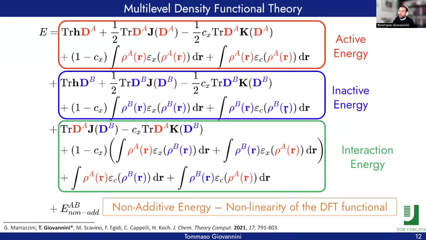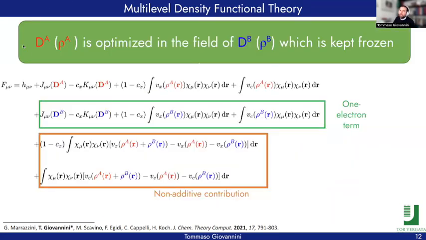So what you actually want to do at the end is this thing here. You take the density of the active part, so you have dA and dB. The dB remains frozen, so it introduces a field on the density of the active part of your system that you have defined. Then you optimize this density in this field.